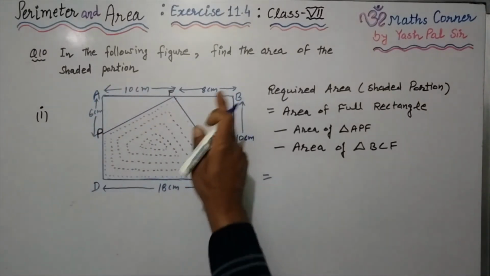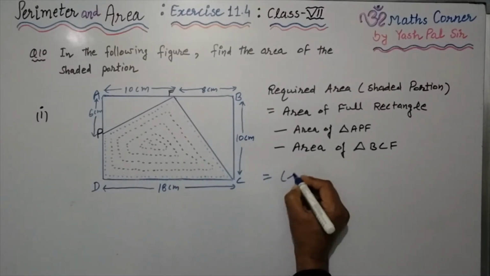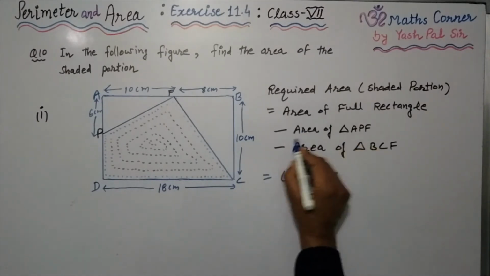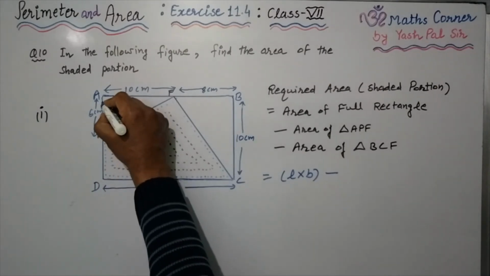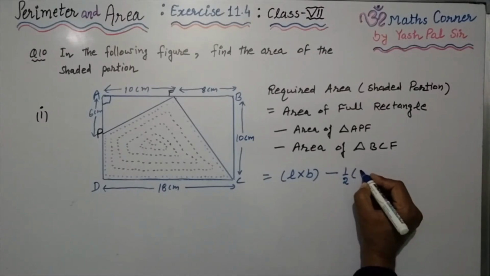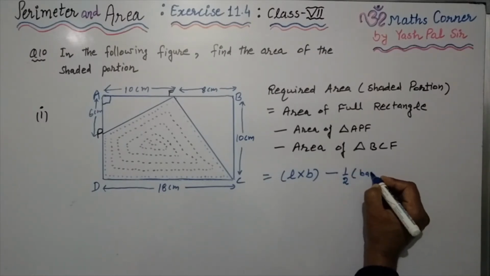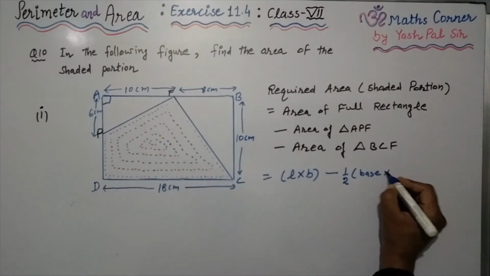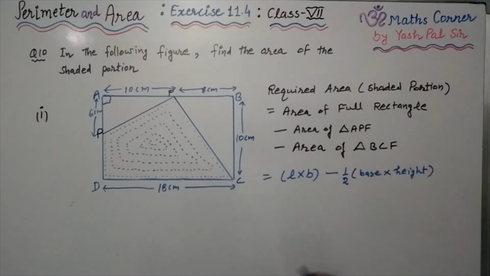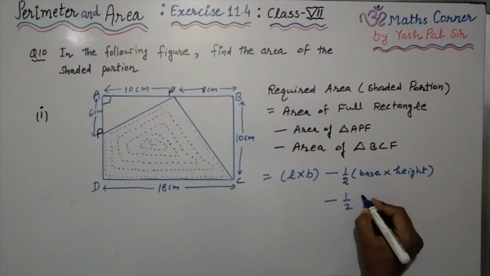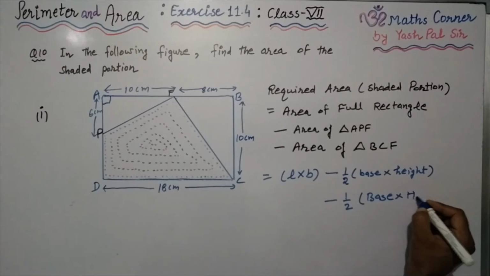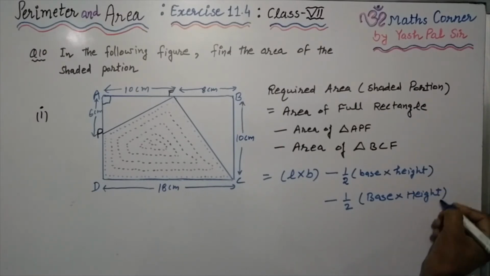This is equal to full rectangle, length into breadth, minus area of right angle triangle, because this is a 90-degree angle. So 1/2 into base into height. Again minus 1/2 into big triangle base into height.